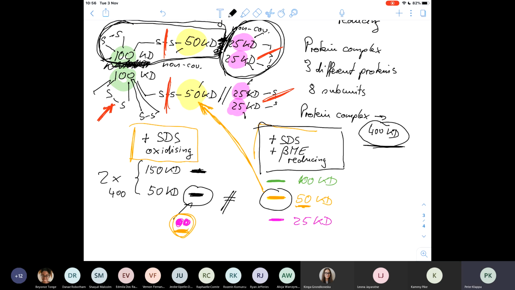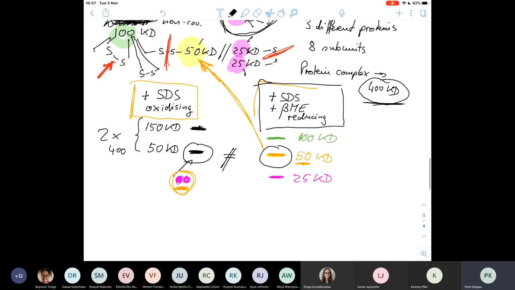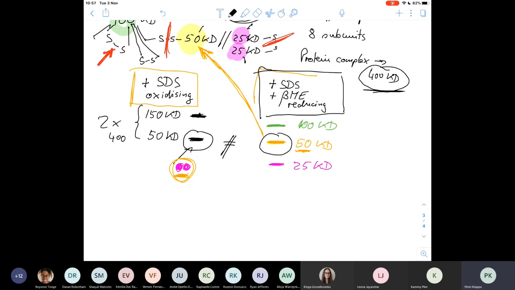And you see, we get a lot of information about our protein complex by doing these two different conditions on a gel. And the nice thing is, you can run a protein gel, and it looks a little bit like that.